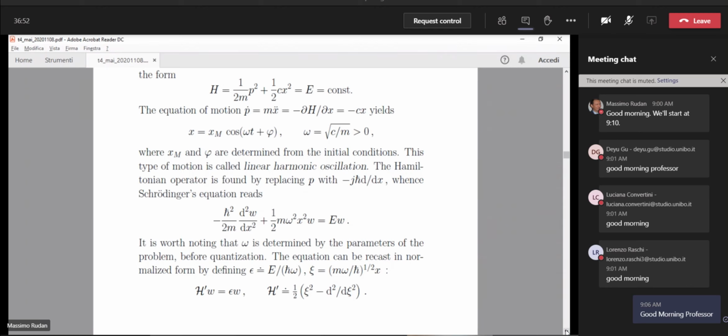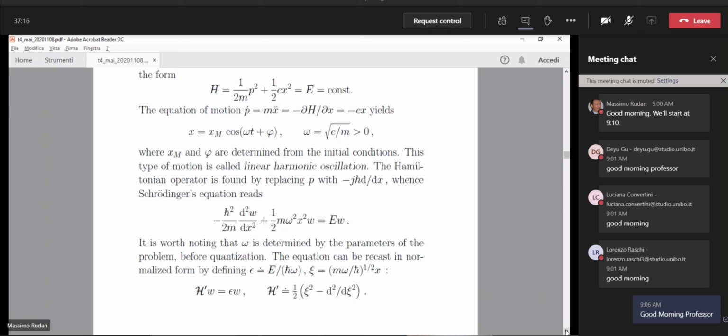So we can factorize the problem. Factorizing an operator is not as easy as factorizing a number, okay? But we can proceed on this line. So we shall attempt to factorize the Hamiltonian.